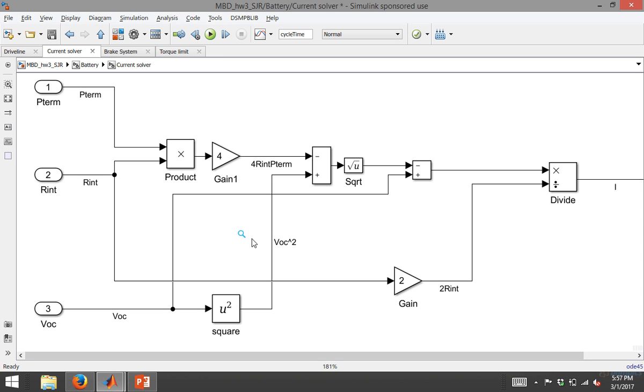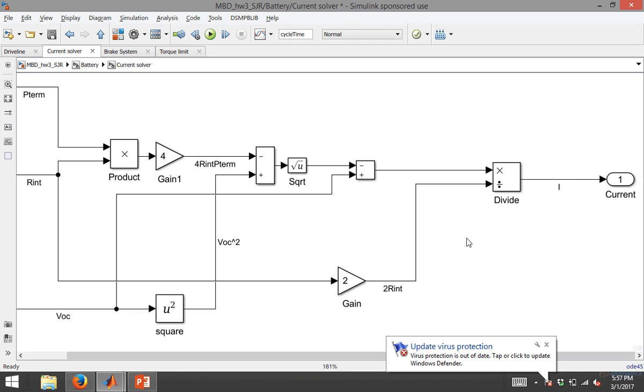Multiply by 4 and then have that as 4Rp, and then take the square of your open circuit voltage, subtract 4Rp, and then take the square root of that, and then take VOC squared and subtract the other value from it. And in order to get the current, because that's going to end up as a voltage, you need to divide by twice the internal resistance to get the current coming out of the battery pack.